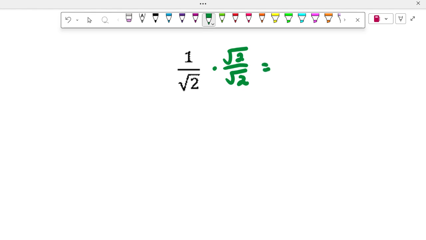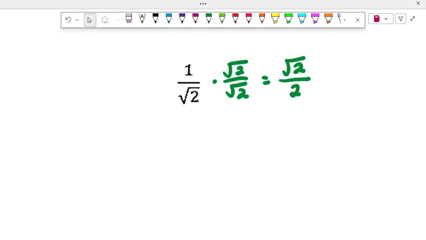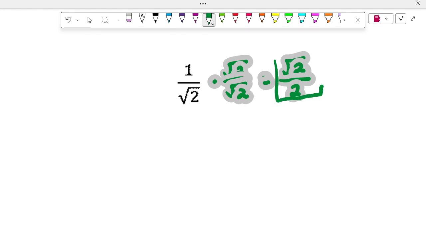Good. So what's 1 times the square root of 2? Square root of 2. What's the square root of 2 times the square root of 2? 2. You could also say it's the square root of 4, but it would still simplify down to 2. Can I simplify any more? You could, but honestly, I would just leave it like that.